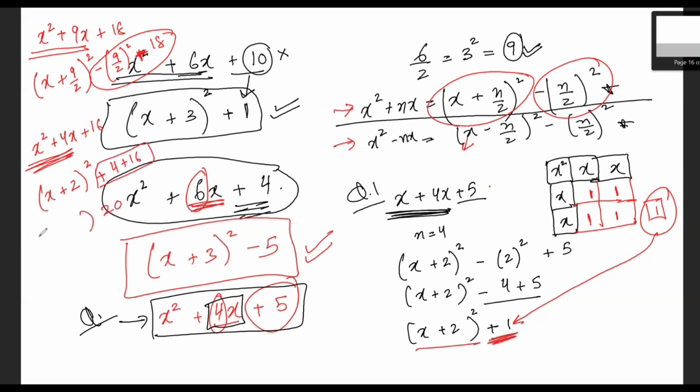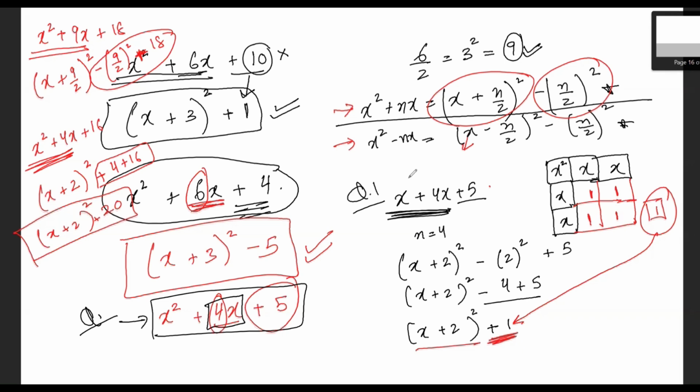Okay, x plus 2 whole square plus 20. That's the answer. Okay, understand? We just memorize the formula and directly apply it. No need to figure out this box, how many ones we have less or more, right?